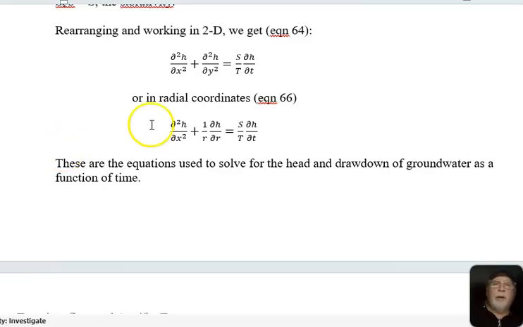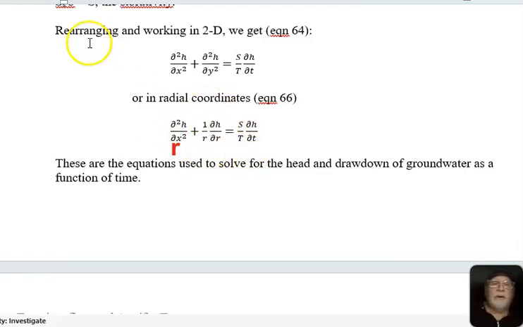Or we're usually working in radial coordinates. In radial coordinates, we get the second partial derivative of h with respect to r squared plus 1 over r times the partial of h with respect to r equals S over T times the partial of h with respect to t. These are the equations that we use to solve for the head and drawdown of groundwater as a function of time. Easy, right?